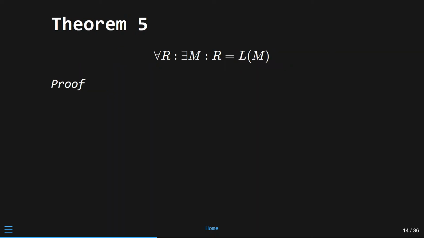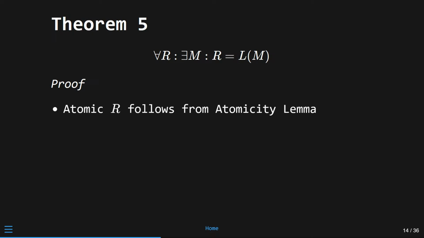Okay. Here's Theorem 5. Theorem 5 is more complete. It is that for all regular expressions, which are made over the atomics and the operators, there exists a machine which has states and edges, such that the language accepted by the machine is the same as the language generated by the expression. Okay, how are we going to prove this? Well, we already did.